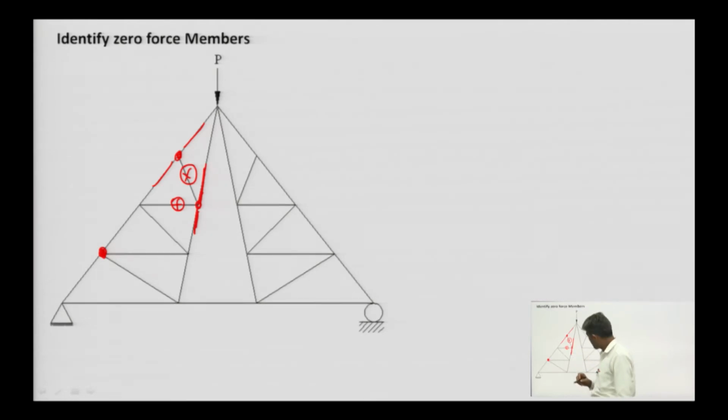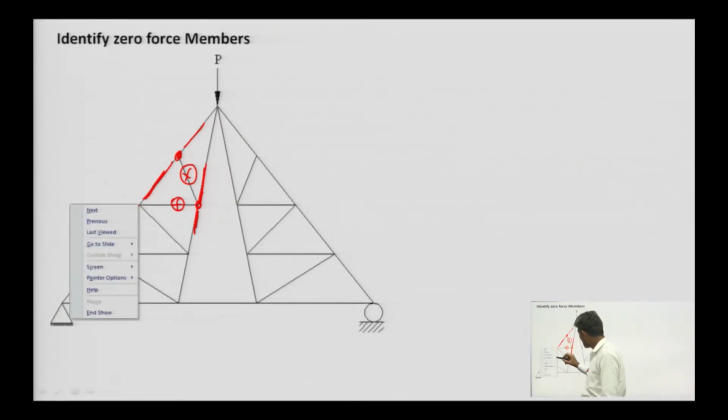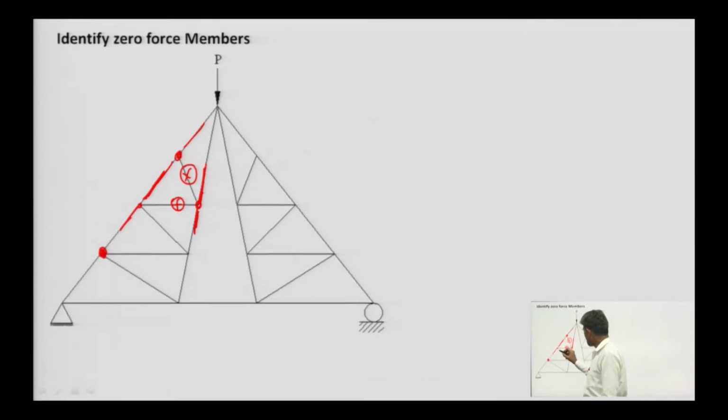Similarly, this member and this member are collinear at this joint, and they are collinear at this joint, and this one member is connecting at this joint. Therefore, that member will also not have any force.